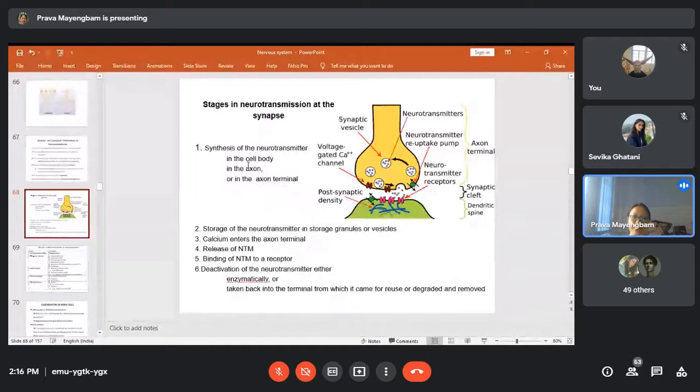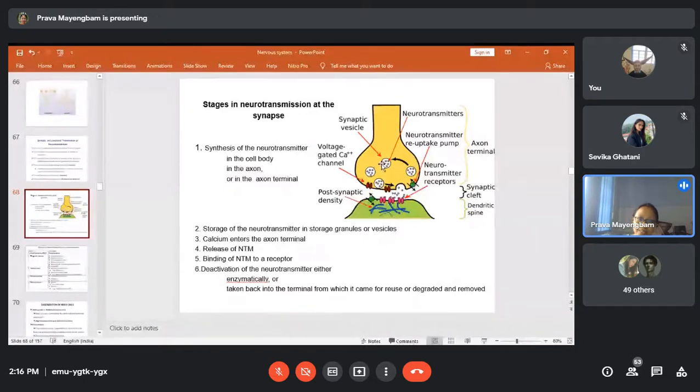Yeah, I was telling about synthesis of neurotransmitters. So first of all, for neurotransmission, the first important thing is we need a neurotransmitter. A chemical substance called neurotransmitter is required. For that, neurotransmitter has to be synthesized.